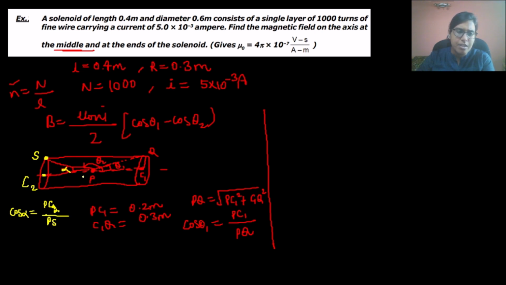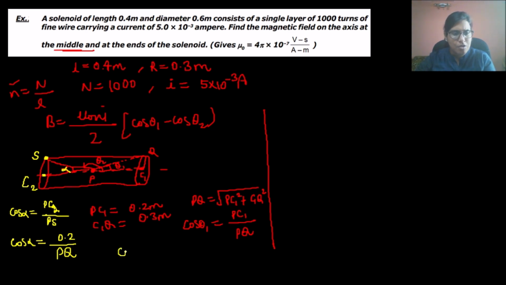So cos alpha will be, actually PC2 is L by 2 and this PS will be equal to PQ. Right? So cos alpha will be this. That means cos theta 1 and cos alpha both are equal.